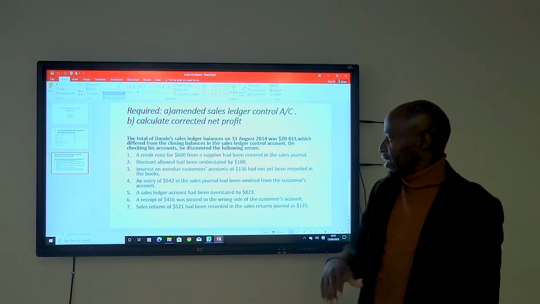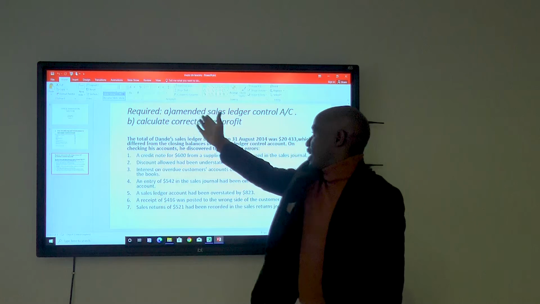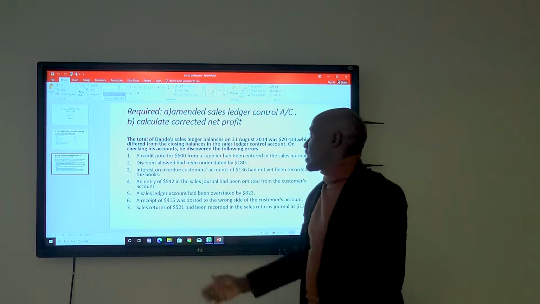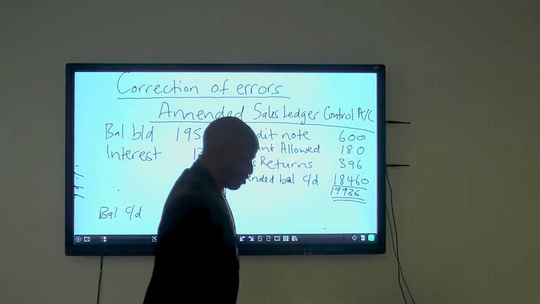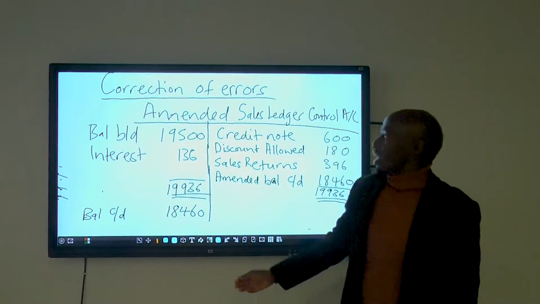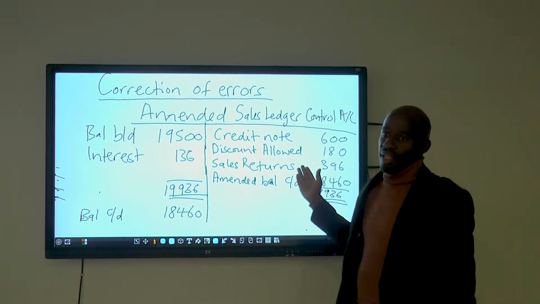Right. Now quickly let's refer to part A of the question, which requires us to amend the sales ledger control account. Right. With me here I have tried to prepare an amended sales ledger control account.